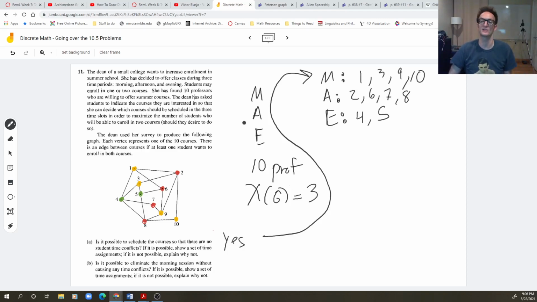And now every student is going to get to sign up for every single class, because amongst this group of courses, none of these numbers are adjacent to each other, which is to say, none of these courses that are in the same time slot have the property that there's a student that wants to take both of them.